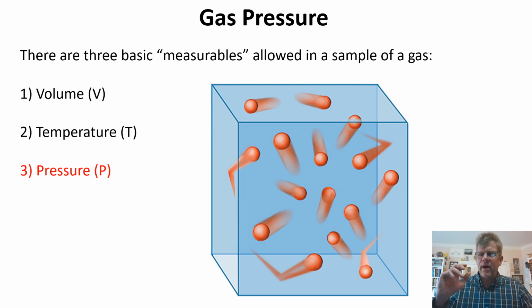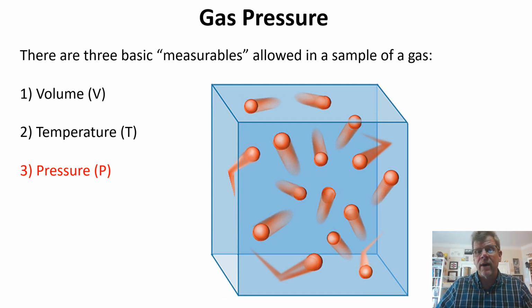So when we have a particle impinging off of a surface, that releases a force onto that surface. And the collective force of all of these particles impinging against the surfaces of this container produces an average outward force. An average force. So that is basically known as the pressure of a gas.